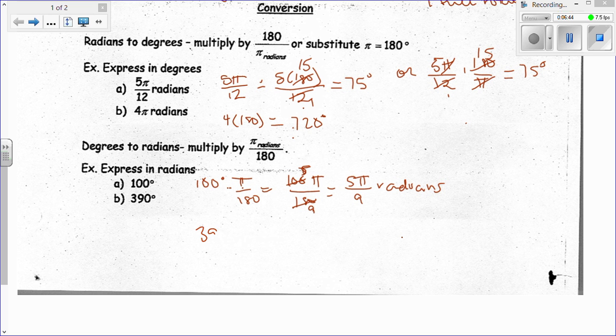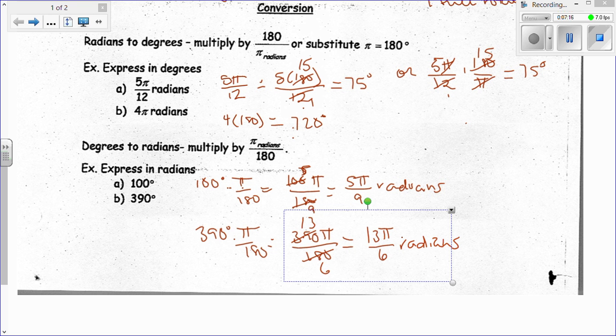And if I have 390 times pi over 180, I'd get 390 pi over 180. And 30 goes into both of these. 30 goes into 180 6 times. 30 goes into 390 13 times. So I get 13 pi over 6 radians.